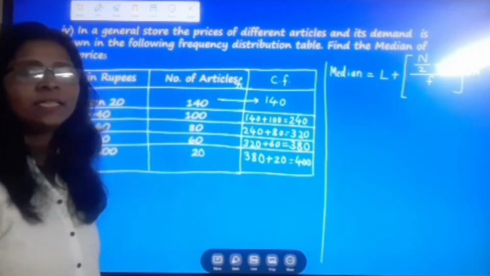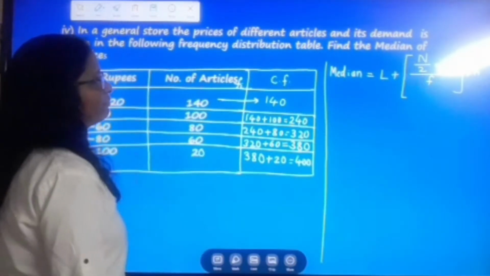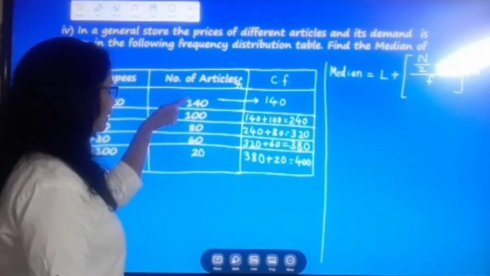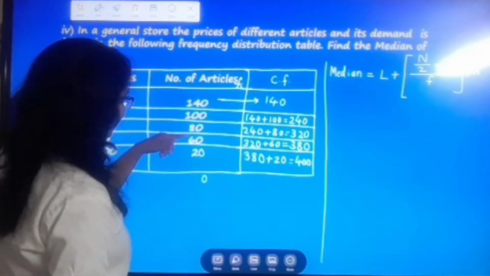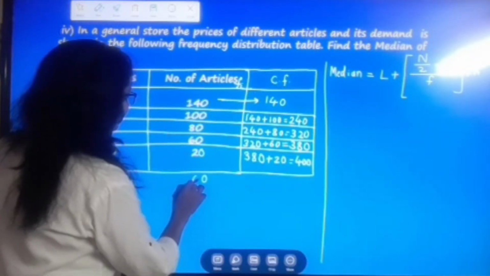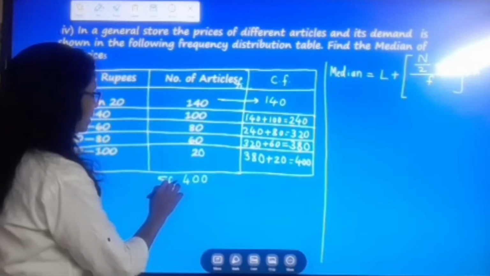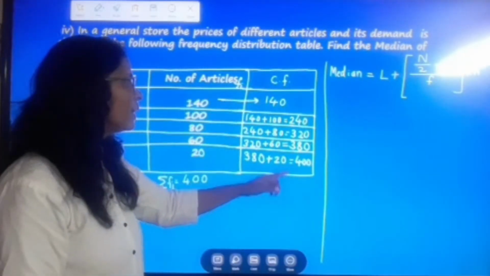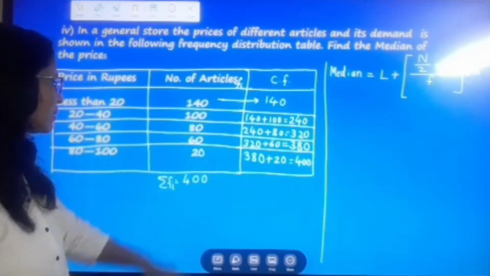Now the summation of Fi is also 400. So our cumulative frequency column is correct, students.